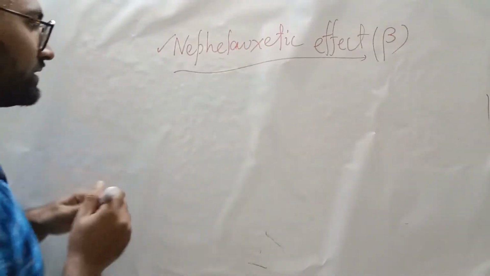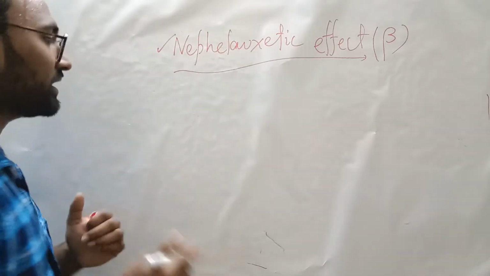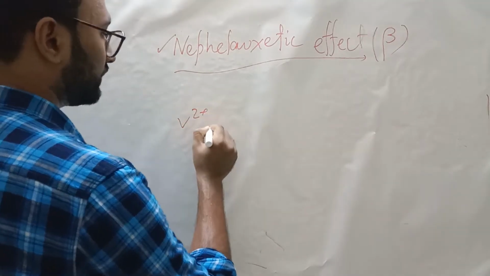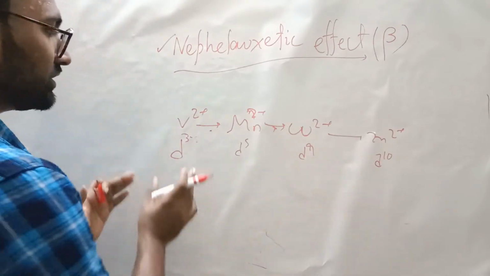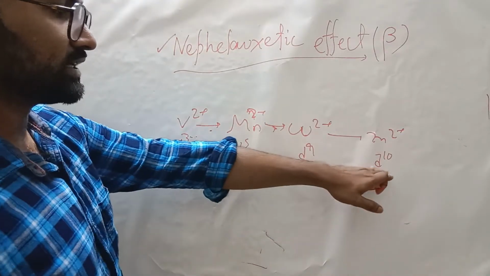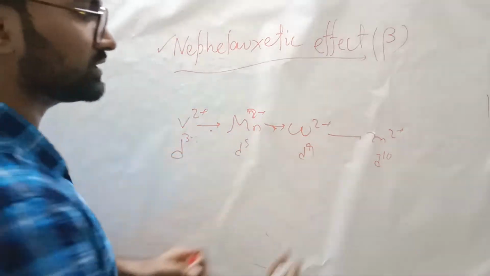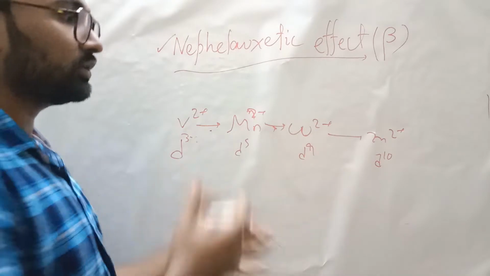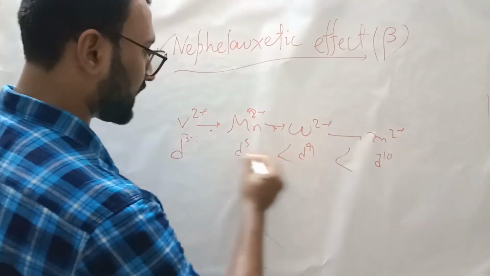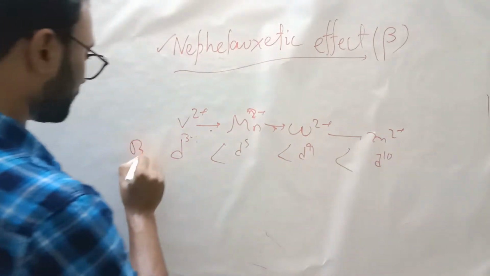Now suppose we are considering only metal ions from vanadium onward, how will the B value be ordered? In the free form, as the number of electrons increases, the amount of electronic repulsion will increase, so they have a higher B value. This is the order of B value.